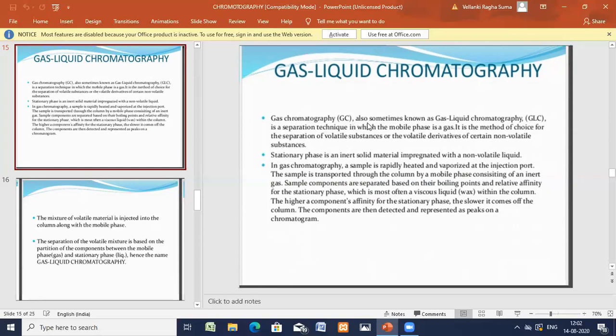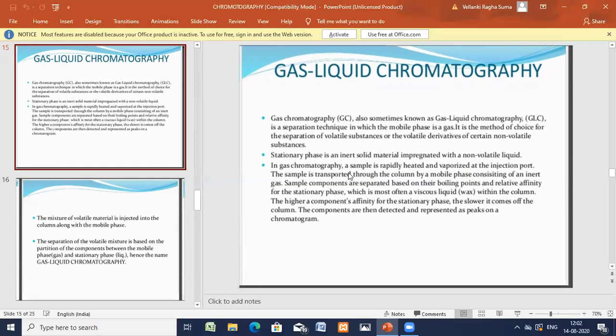Gas chromatography, generally known as gas liquid chromatography, is a separation technique in which the mobile phase is the gas. It is the method of choice for the separation of volatile substances and volatile derivatives of certain non-volatile substances. The stationary phase is an inert solid impregnated with a non-volatile liquid.